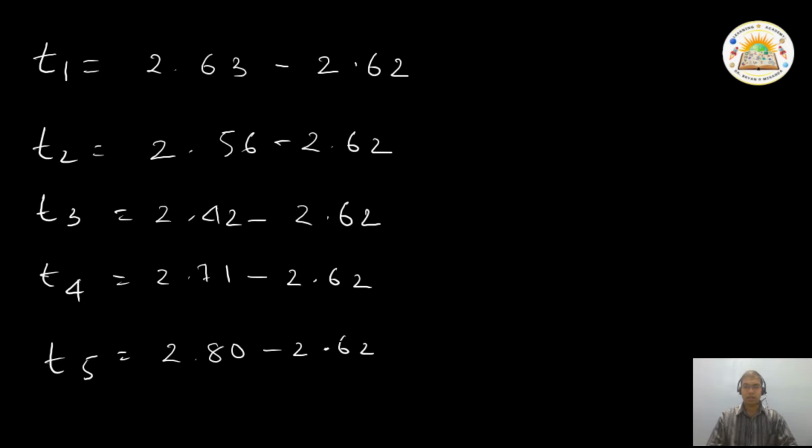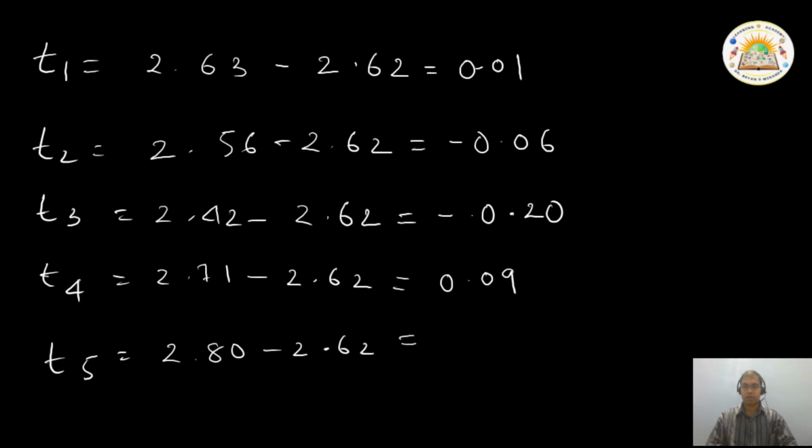Now since all of these values are there, we can calculate how much each is differing from the mean value. So we have 0.01 for the first, minus 0.06, minus 0.20, 0.09, 0.18. So these are the values by which our readings are differing from the mean value of 2.62.